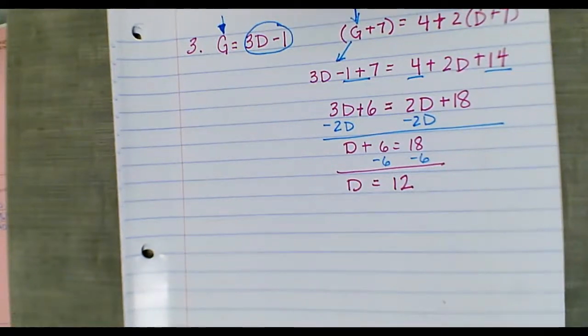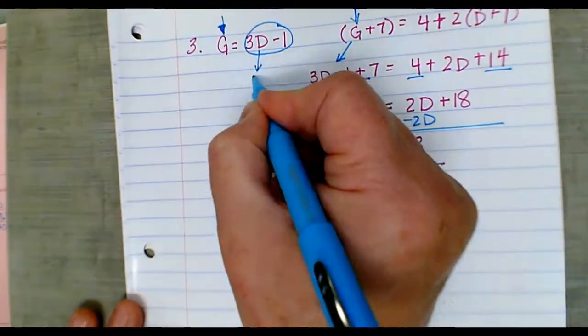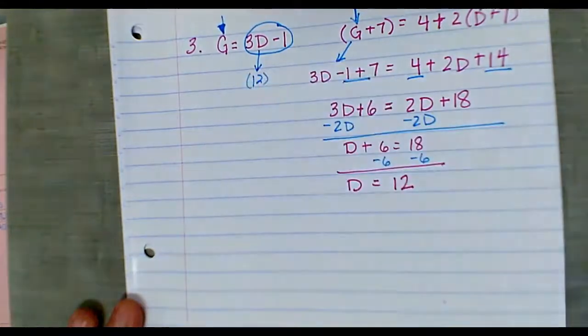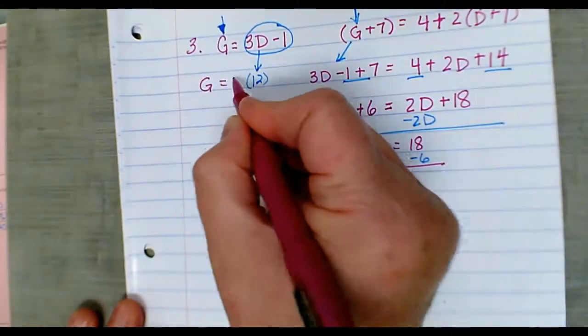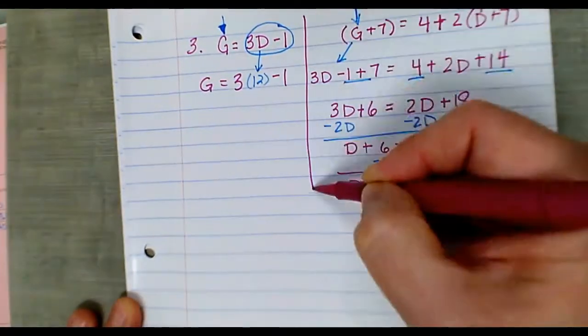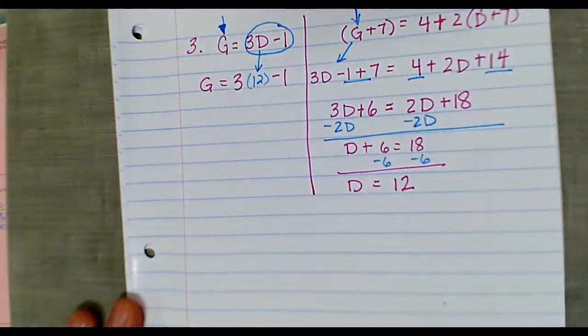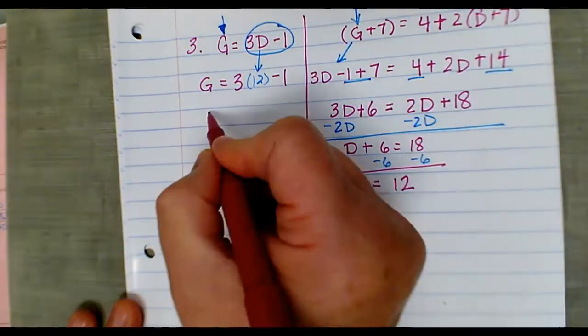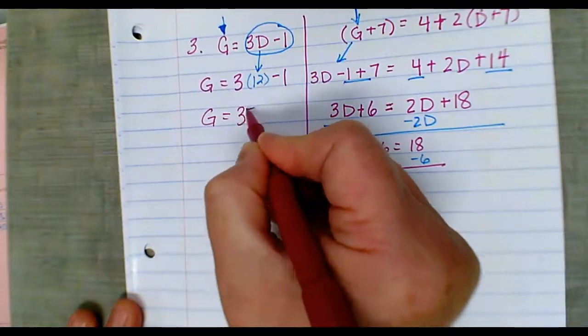This particular problem says find both ages. So I go back to this equation and substitute in the 12. That would be 3 times 12 is 36. 36 minus 1 is 35.